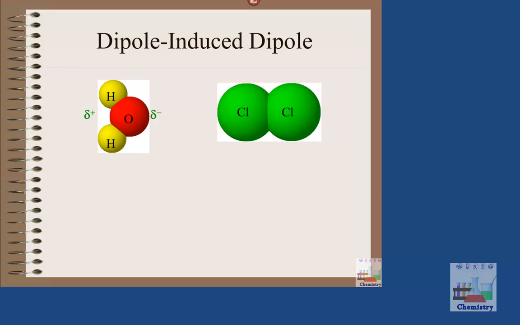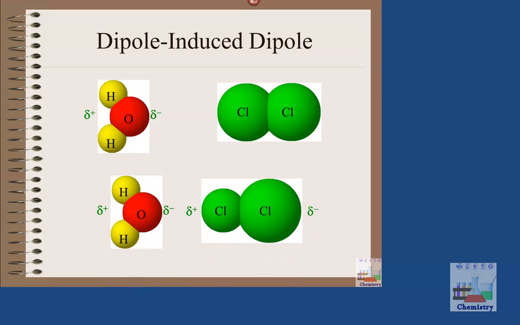When that water molecule comes close enough to that chlorine molecule, however, say the partial negative oxygen end of the molecule is close to the chlorine, it will repel the electrons of chlorine's electron cloud, forcing them to the opposite end of the chlorine-chlorine bond, and in doing so create a partial positive end and a partial negative end to chlorine's charge cloud.